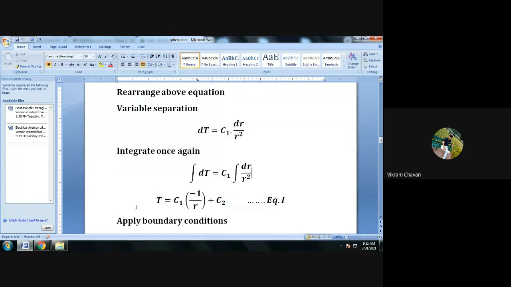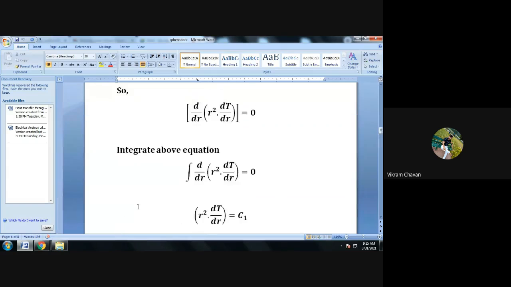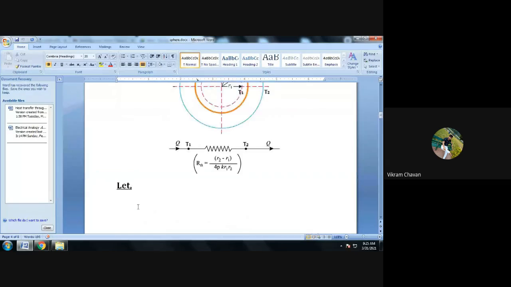Then we have to consider the boundary conditions to determine the constants c1 and c2. Here our aim is to determine the constants c1 and c2, so to determine them, we need boundary conditions. Boundary conditions mean the extreme conditions of that particular object.